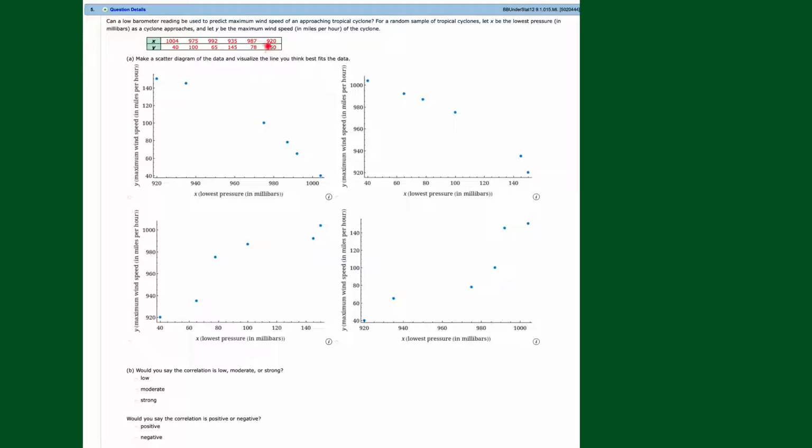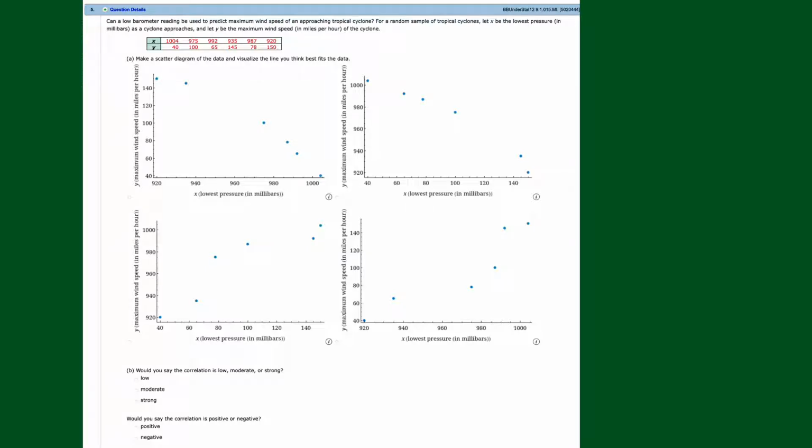Okay, let's just take the last one. 920, we're at 150. I think this one's it. Let's just run a quick check on the others. In this one over here, the ordered pair 1,004 and 40. Wait a minute, that's the wrong axis, right?